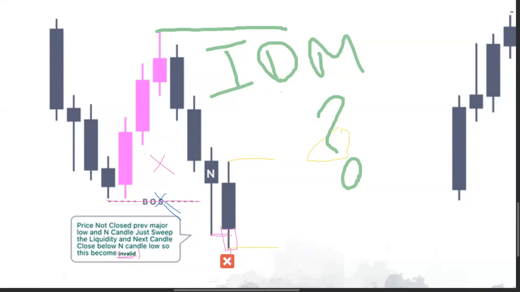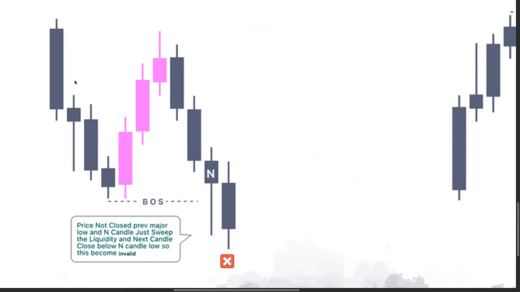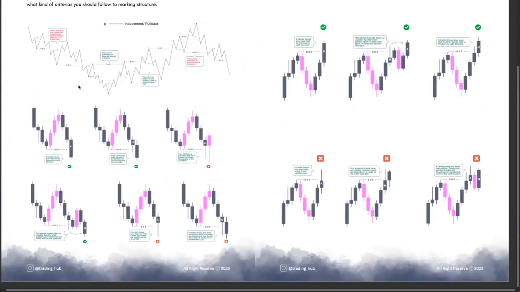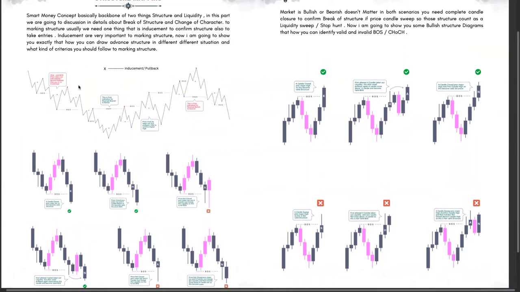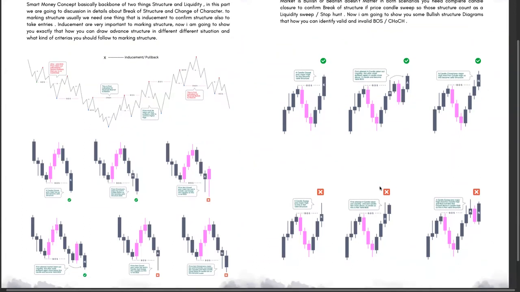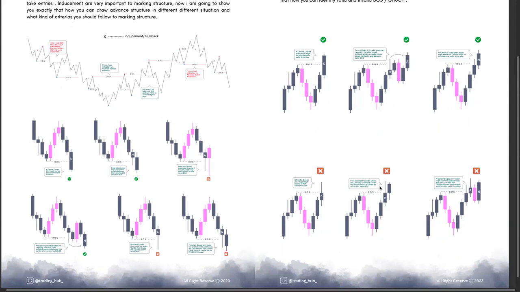Anyone who has any question regarding this structure mapping, you can annotate here, because I think everything is clear here, a very clear and sharp example is given.